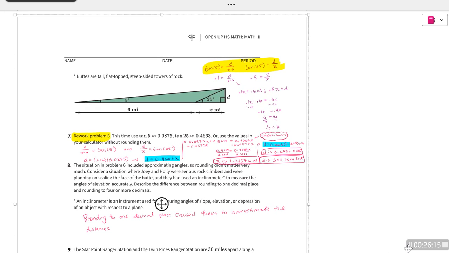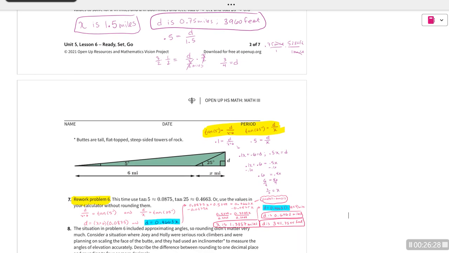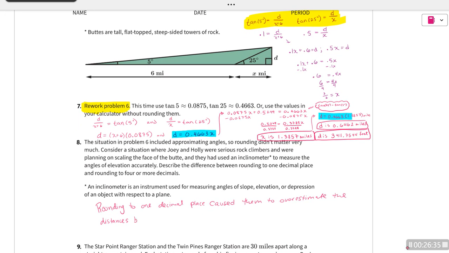Like we said, for d, the height there is 3,411, almost 412, versus 960. So we're overestimating by over 500 feet. I could have picked the miles and gone with miles too, but that's a substantial amount to overestimate.